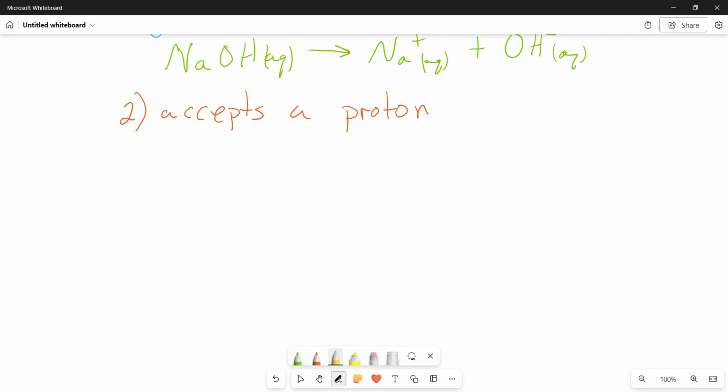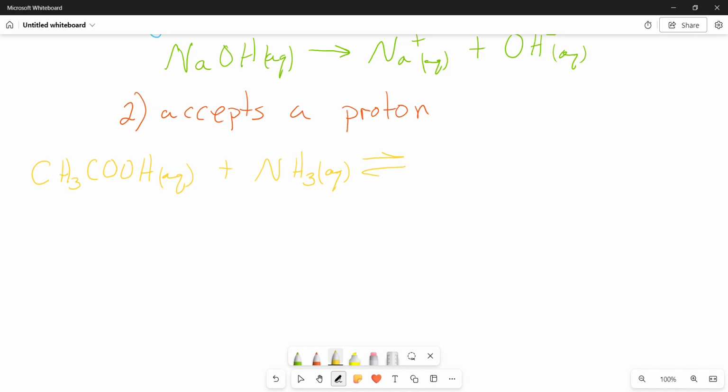So if we have something like acetic acid, CH3COOH, aqueous, of course this is a weak acid, we'll talk about weak versus strong acids in the next video, or in one of the videos anyway. And we have a weak base, like NH3 aqueous. We have an equilibrium.